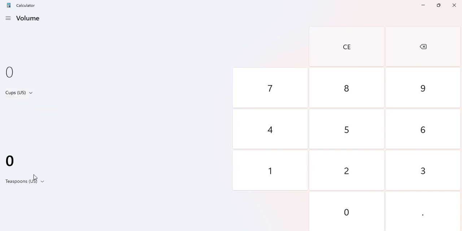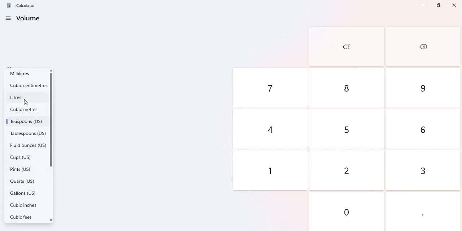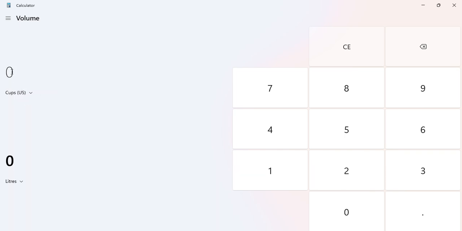Suppose you select cups and liters, right? So 1 cup, see there, 1 cup of coffee. That means one coffee cup full of liquid is equal to 0.236588 liters.